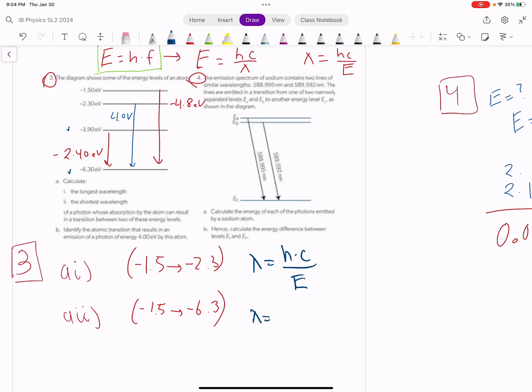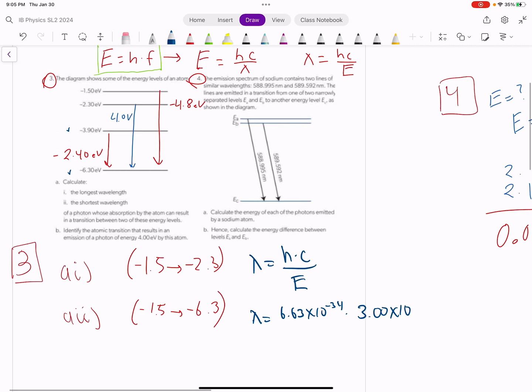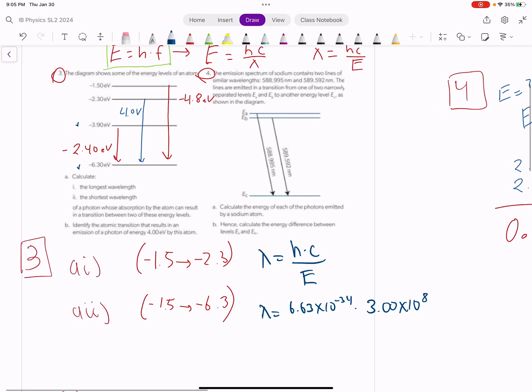So lambda equals 6.63 times 10 to the negative 34 times speed of light. By the way, speed of light is 3 times 10 to the 8 meters per second, divided by the energy of 2.4. All right.